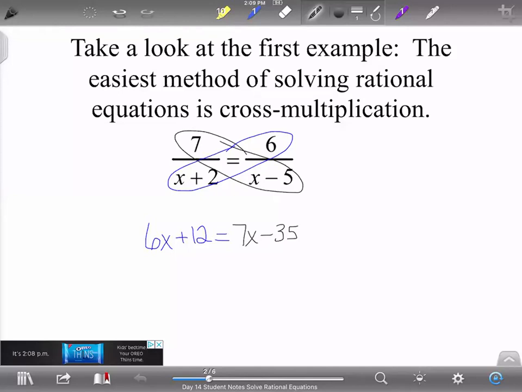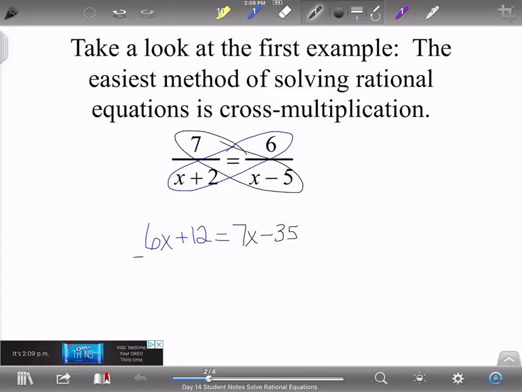Now is where I'm going to decide whether I have a quadratic or a linear equation. So in this case, I have a linear equation because if you look at your variables, they're both x's. Neither one of them is x squared, which means it is linear. So to solve a linear equation, you want to get all your x's on one side, all your constants on the other.